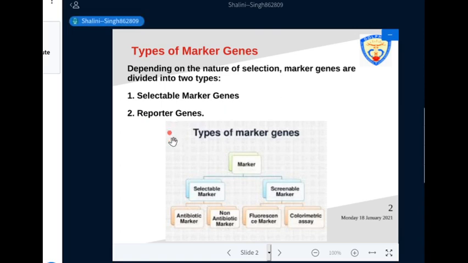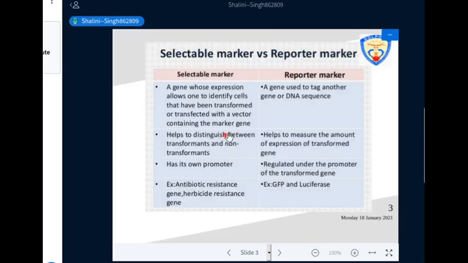These selectable marker genes help us to select the transformed cells based on the inclusion of antibiotic in the medium or inclusion of any toxic material like herbicide in the medium, whereas the screenable marker or reporter genes help us to screen or select the transgenic plant based on the fluorescent or colorimetric assay, which are given by the action of these marker genes on the different substrate.